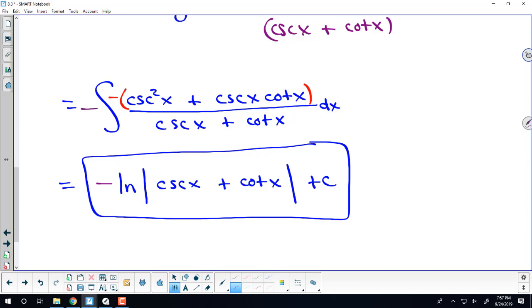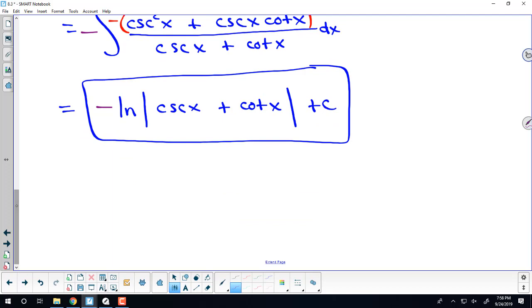Could you do it like you did the tangent x and pass the negative in and change the values? On this last one? So pass the negative? I mean, like at the end when you change it from negative natural. Oh, right. Since this is two terms, we don't do that.